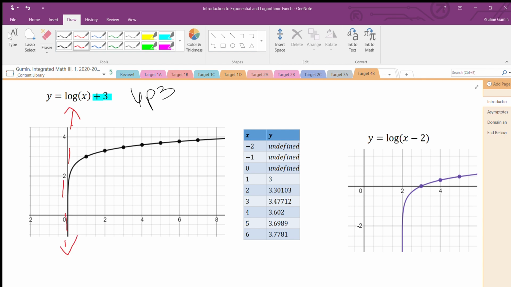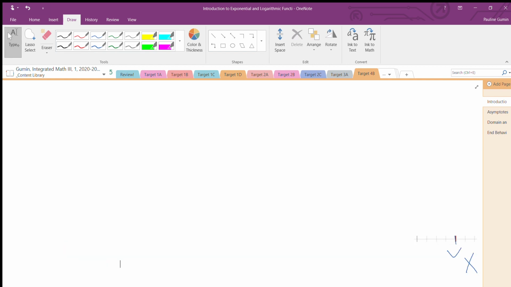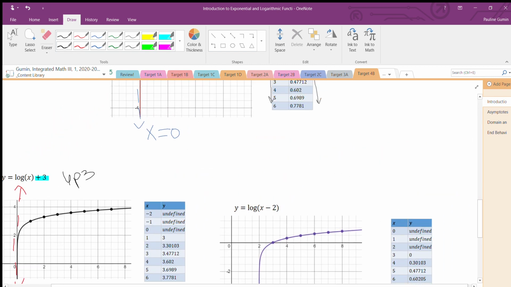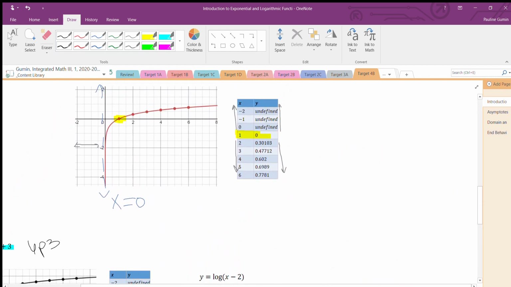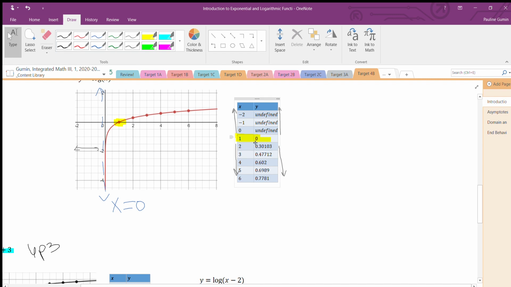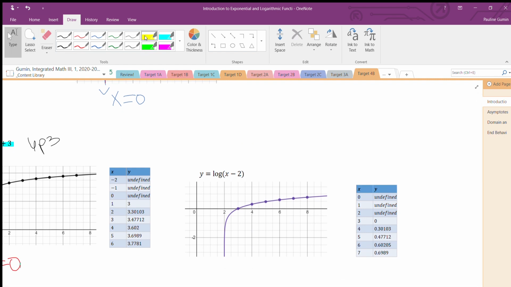Which means I did not move left or right. Still x equals 0. So that means it moved up and down. In the original graph, my point is 1, 0. When we move up and down, my y's change. So I'm going to look for x is 1. Here it is, 1, 3. That means we moved up 3.